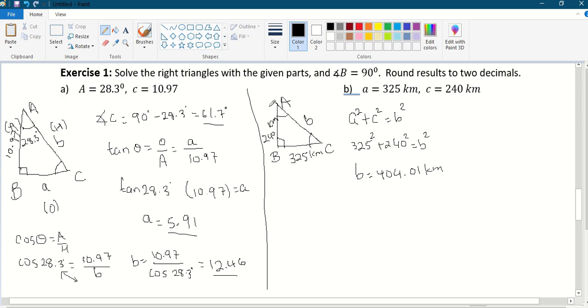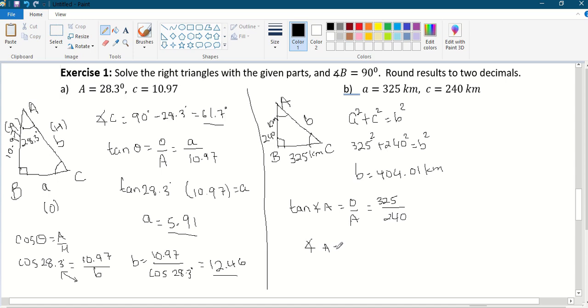Now to find angle A here, we can use opposite over adjacent. This is our opposite, this is our adjacent. The one which connects opposite and adjacent is tan. So I will say tan angle A equals opposite over adjacent, which in our case is 325 divided by 240. If we want angle A alone, we use the inverse function.